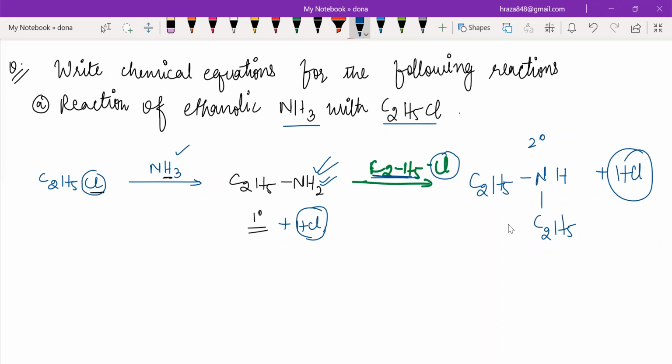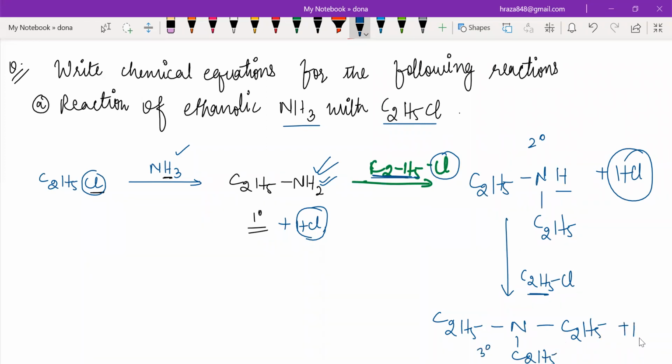This is your 2 degree amine. Now again you react this with C2H5Cl, which replaces this hydrogen. Now you will get N(C2H5)3. This is your tertiary, 3 degree amine, and HCl will be eliminated.